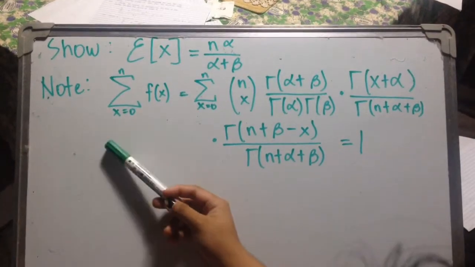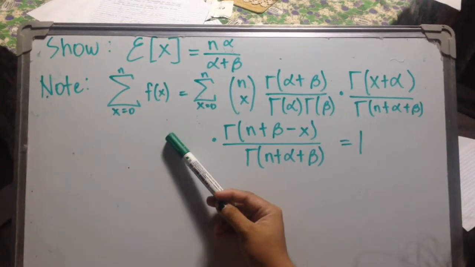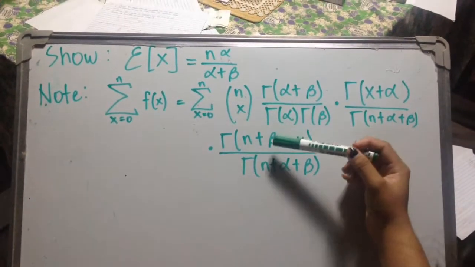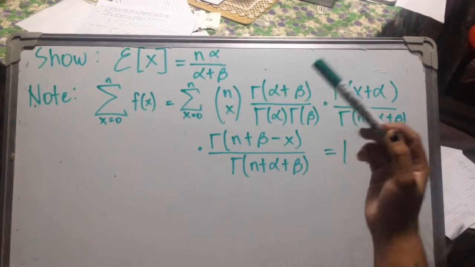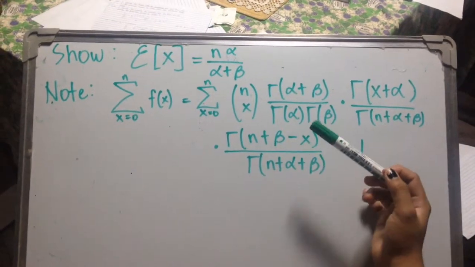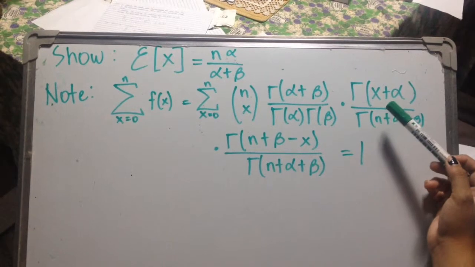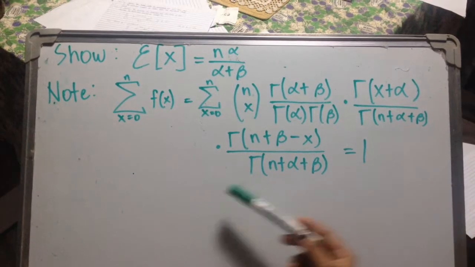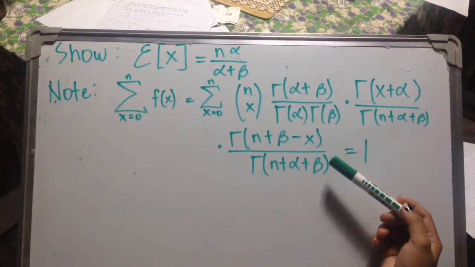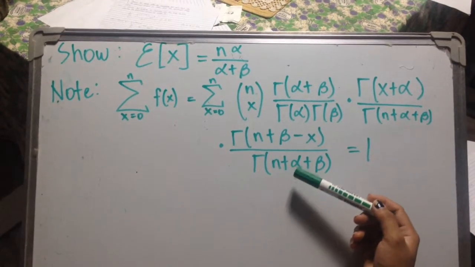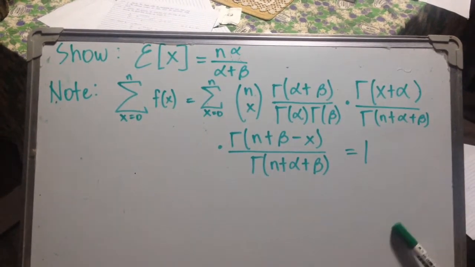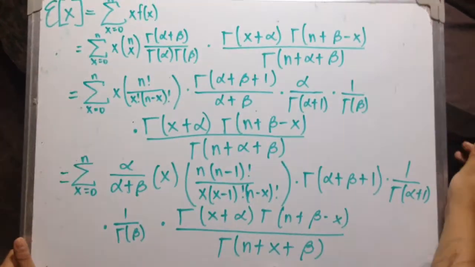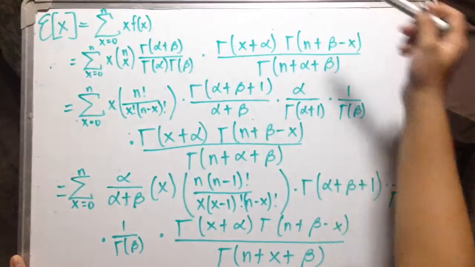So note that the summation of f of x from 0 up to n, which is n choose x times gamma of alpha plus beta over gamma of alpha times gamma of beta times gamma of x plus alpha times gamma of n plus beta minus x over gamma of n plus alpha plus beta, is equal to 1. Now we're going to derive the formula for getting the mean of the beta binomial distribution.